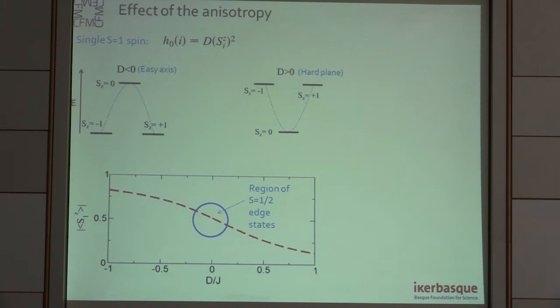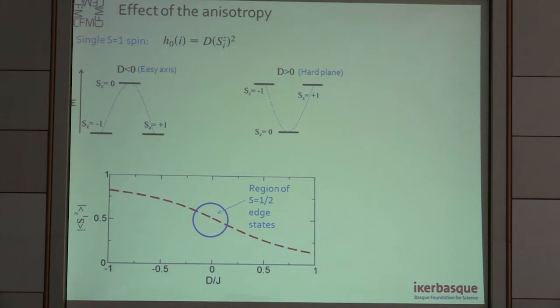The other thing that one should account for is that typically in magnetic atoms, there is also a magnetic anisotropy present in the system. So let's consider first the possible effects of the longitudinal magnetic anisotropy.